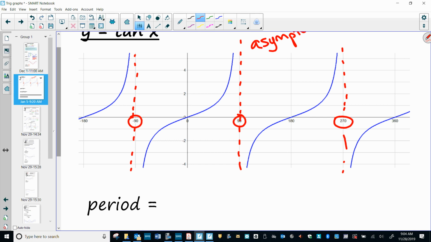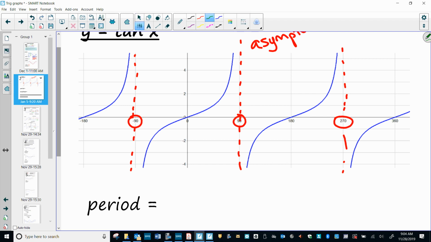So, how long is the period for the tan graph? How long does it take to do a full cycle? Is it another 360? No. Is it 90? 180. Amelia's suggesting 180, Jodie's suggesting 90. We need to decide how long it takes to do its thing.